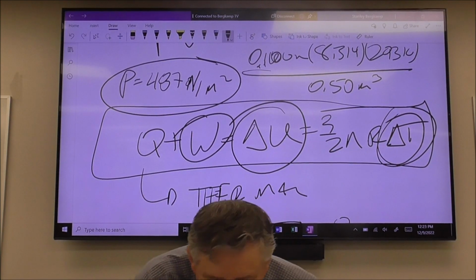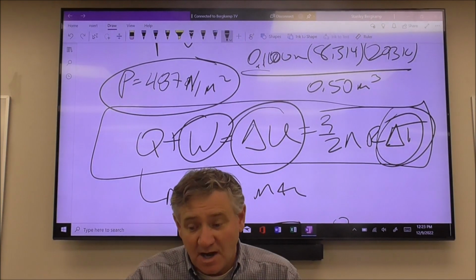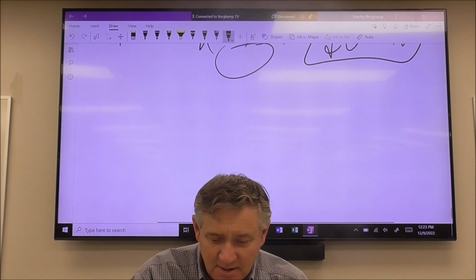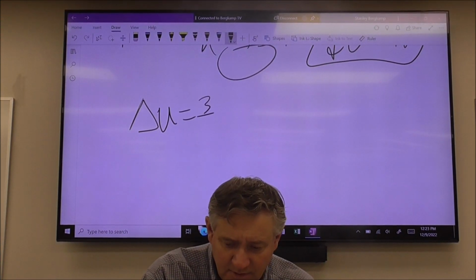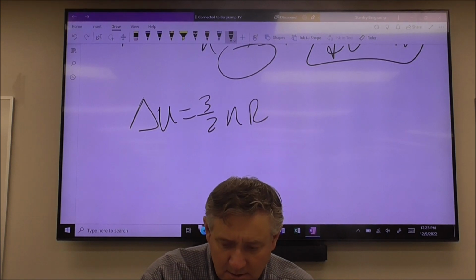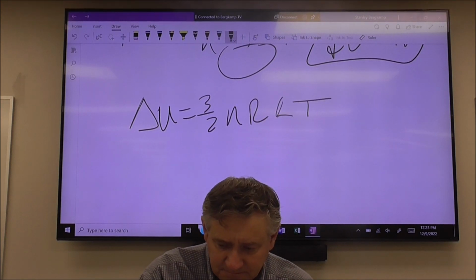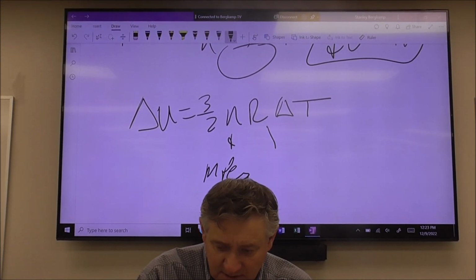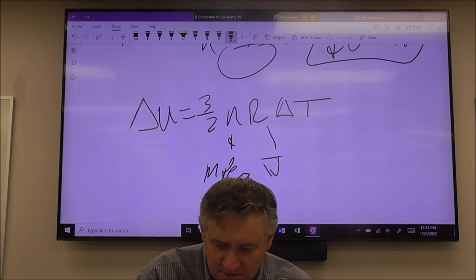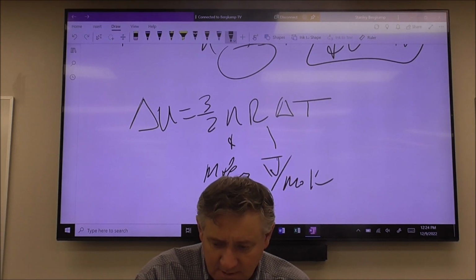Okay. Now, so let's look at, oddly enough, the units. If you look at delta U equaling 3/2 nR delta T, n is going to be the number of moles. R is your gas law constant, joules per mole Kelvin.